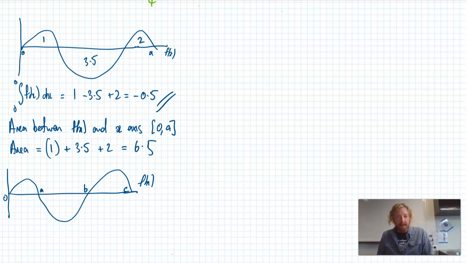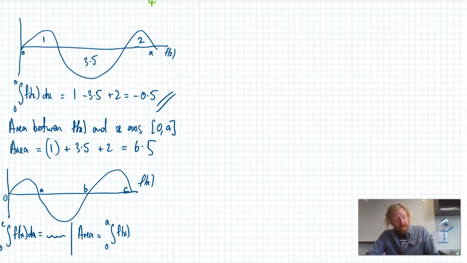If I want the integral from 0 to c of f of x, it's just some numerical answer that's going to spit out. If I want the area between f of x and the x-axis between 0 and c, I'm going to have to do, well, it's the integral from 0 to a of f of x.